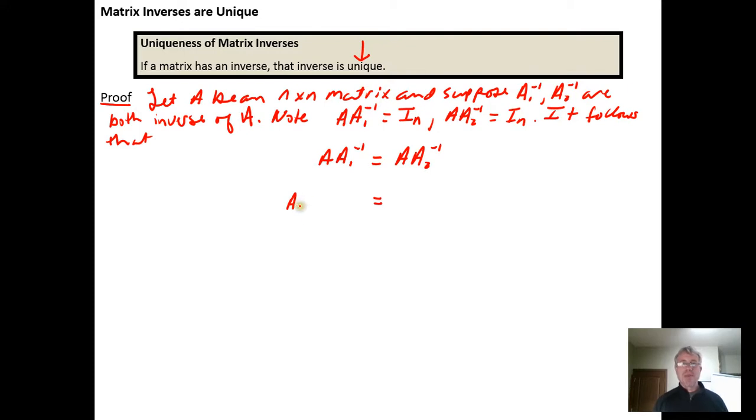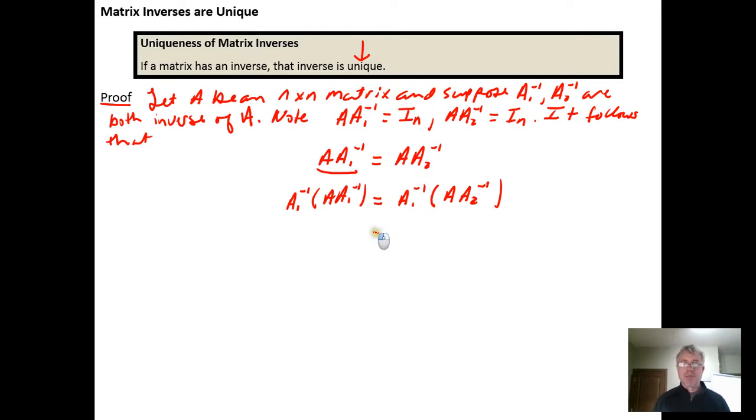And then we want to remember that order of multiplication matters. So if I multiply this on the left hand side by A sub 1 inverse, then over here I have to have the A sub 1 inverse. If I'm multiplying both sides by A sub 1 inverse, I must also have it on the left hand side, because matrix multiplication isn't commutative. So if I put it on the right, they would need to be on the right over here. If I put it on the left over here, I have to put it on the left over here.